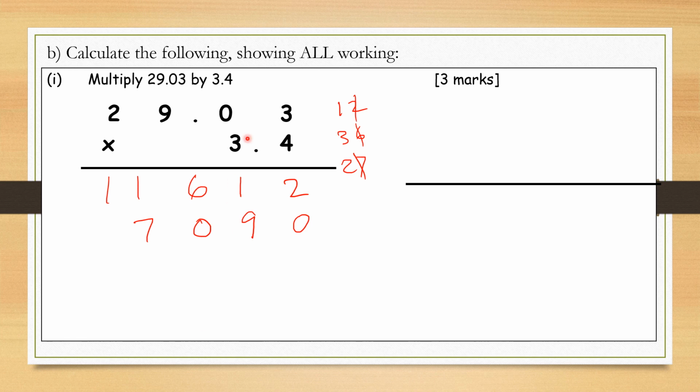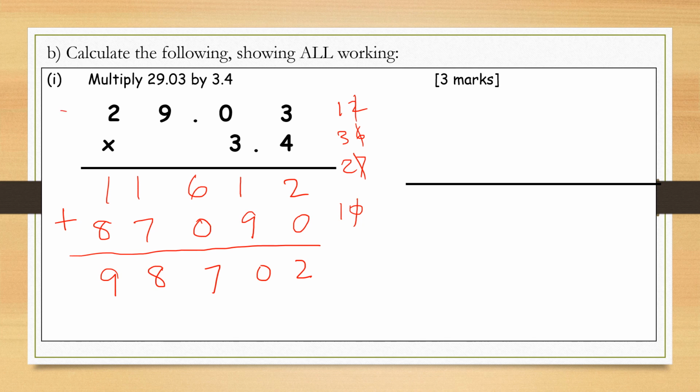And 3 times 2 is 6, and 2 will give us 8. Okay, and then we're going to add now. So that is 2, 9 plus 1 is 10, 6 and that 1 is 7, 7 and 1 is 8, and 8 plus 1 is 9.